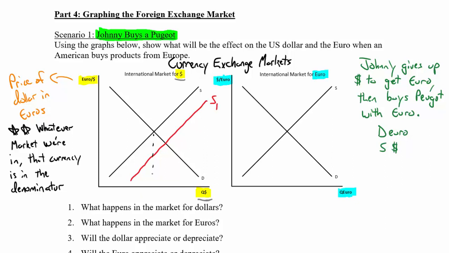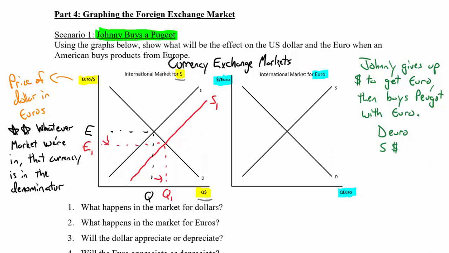I'm going to call this the price of the dollar in euros, so you can just write an E. Now I have the quantity increasing, and most importantly, the price of the dollar in terms of euro decreasing. Now it would take fewer euros to get a dollar.